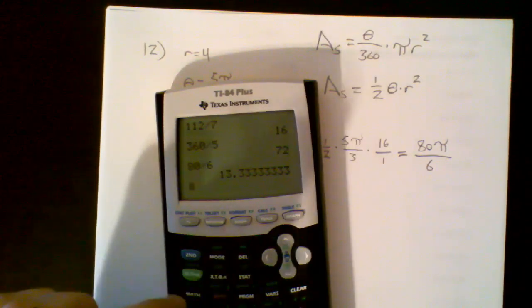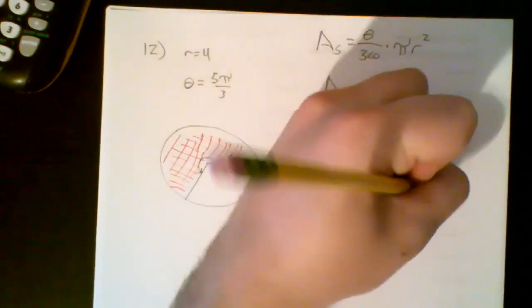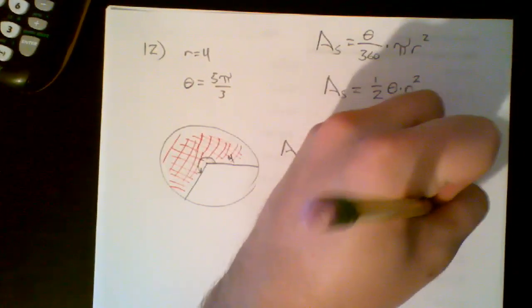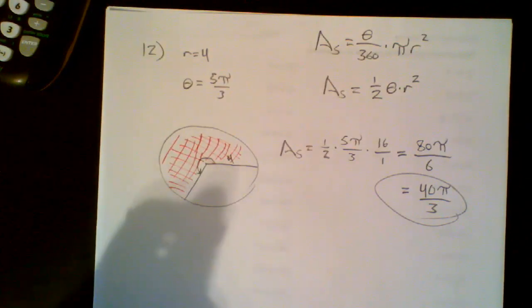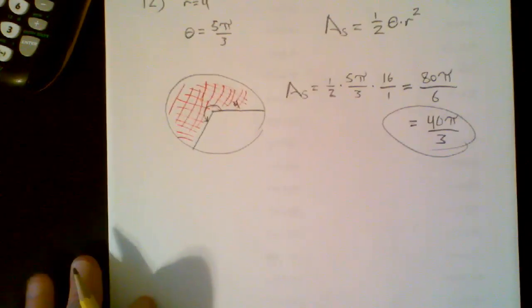Not a nice number, so let's turn that into a fraction. We'll call that 40/3. So the area of this sector is 40 pi over 3, and you can leave it like that. We don't need a decimal. I guess we could if we wanted to, but that's not necessary. That is our final answer for number 12.